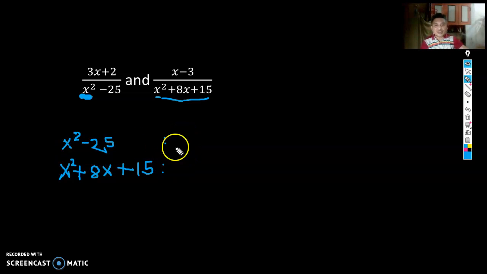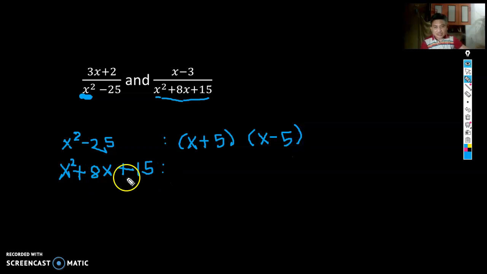The factors of x squared minus 25 are x plus 5 and x minus 5. The factors of x squared plus 8x plus 15, yung unang factor niya is x plus 5.